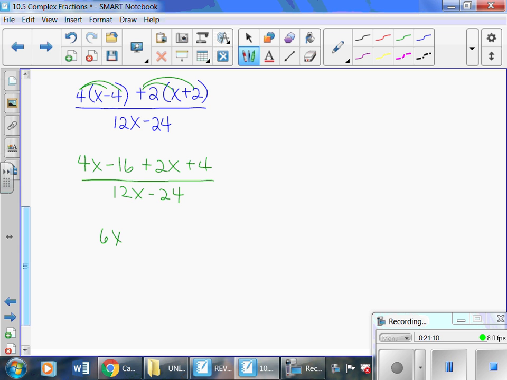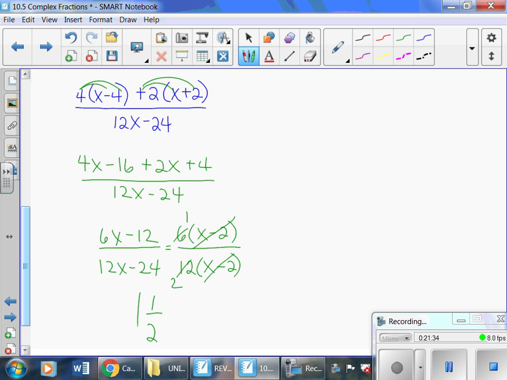Negative 16 plus 4 is negative 12, all over 12x minus 24. And I'm seeing some red flags here because I can factor out a 6 with an x minus 2 left over in the numerator. In the bottom, I can factor out a 12 with an x minus 2 in the denominator. These two cancel. This cancels once and twice. And my final answer is 1/2. Love when that happens.